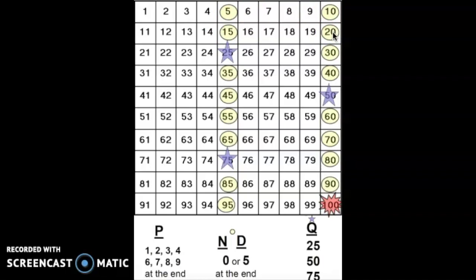You can also count by dimes, which is 10 cents each: 10, 20, 30, 40, 50, and keep on going. Lastly, you can also count by 25, which quarters represent. These are the purple stars on the chart: 25, 50, 75, 100.